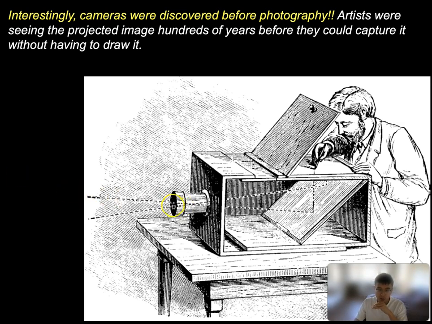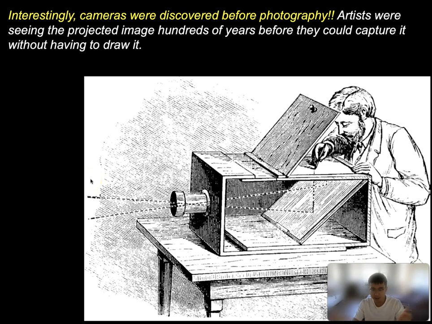They have this little hole through which the light can go in, and the light is cast on a piece of wood, a piece of paper, so that you have the upside down scene of whatever is outside.